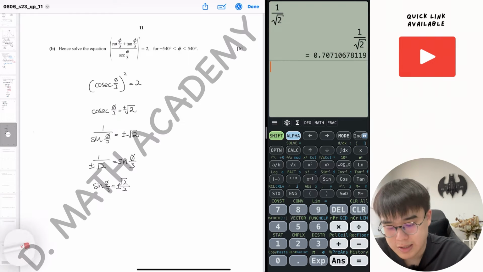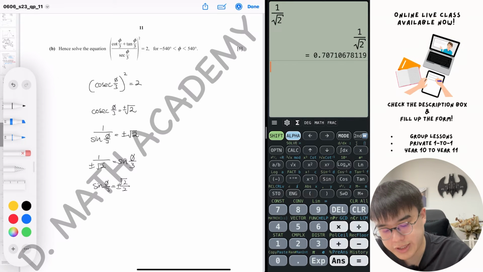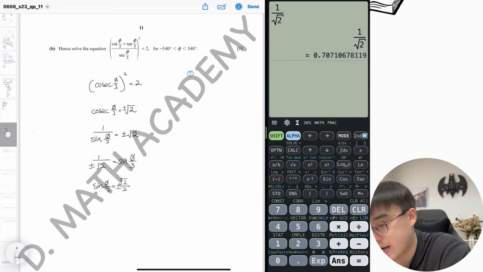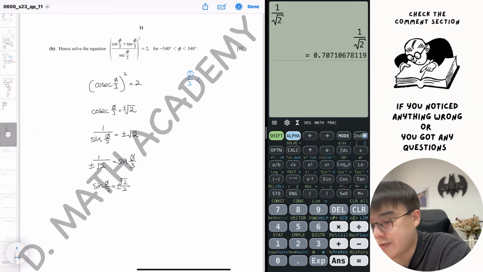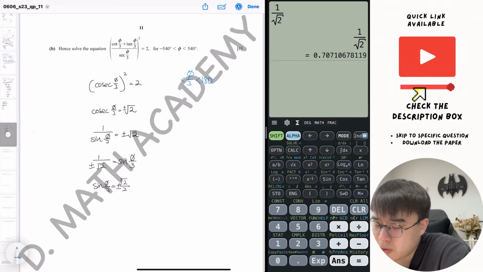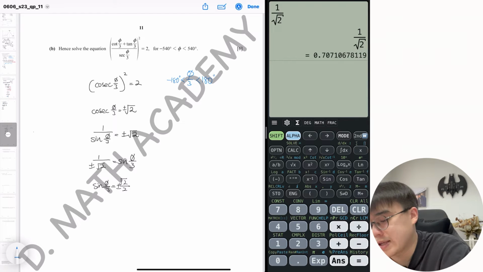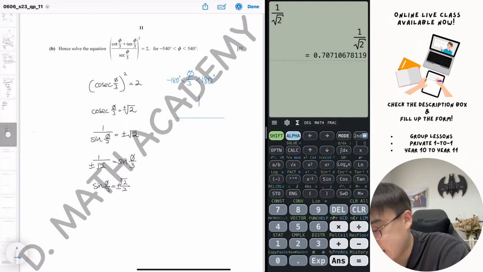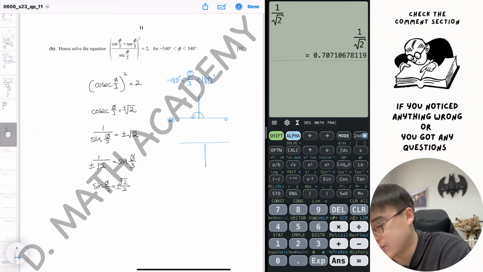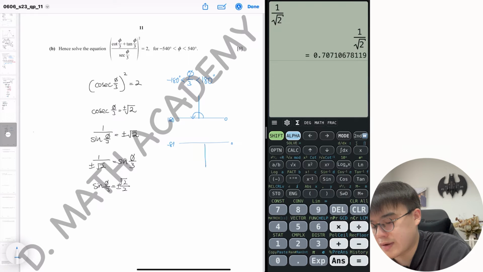Okay, so next thing that I'm going to do will not be keying the calculator for the answer. I will actually update the range first. Okay, 540 times 1 over 3 will be 180 and negative 180. Another thing that I force my student to do will be this, stating the exact range or the region that we can have our answer.